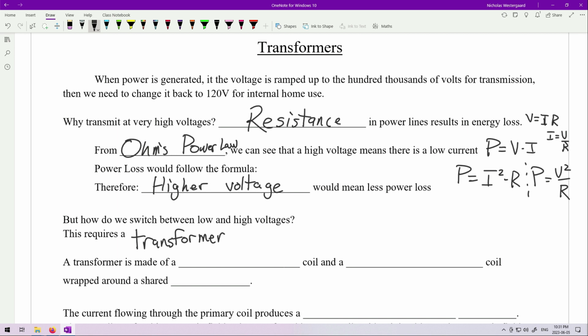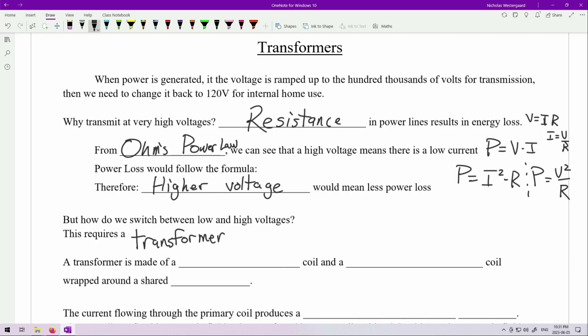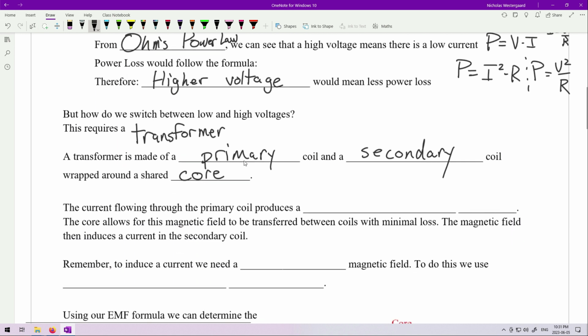A transformer is made of two coils, one called a primary coil and the other called the secondary coil. And they're wrapped around a shared core, usually made of some ferromagnetic material, allowing for an easy transfer of magnetic field.